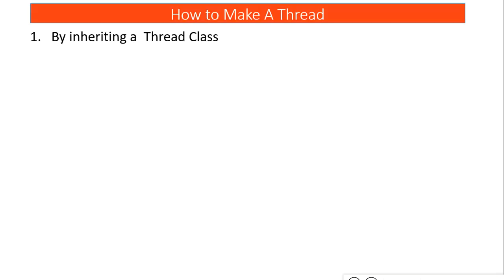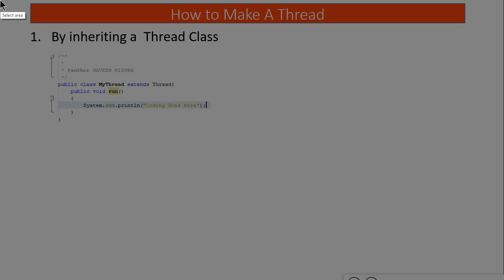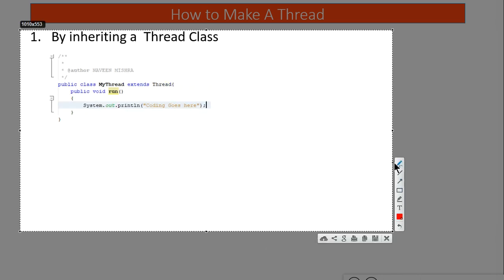So this is the syntax of how to use the Thread class. Number one, we can inherit the Thread class. Here this is my thread class, which is inheriting the inbuilt Thread class of Java.